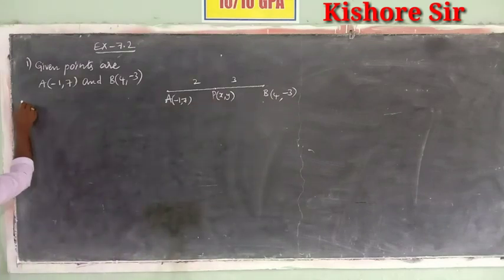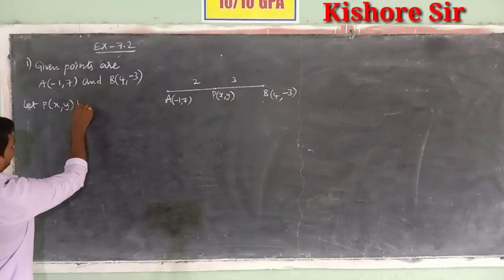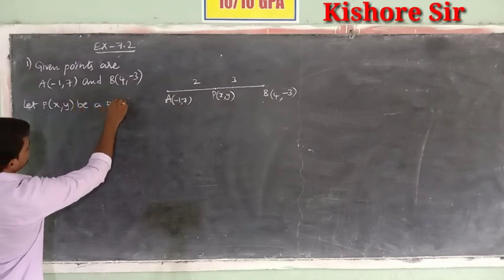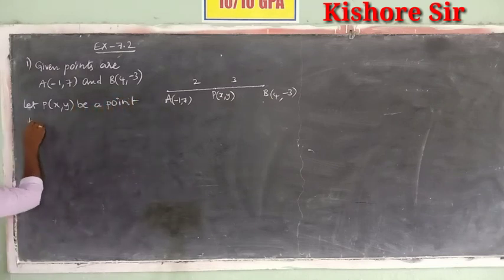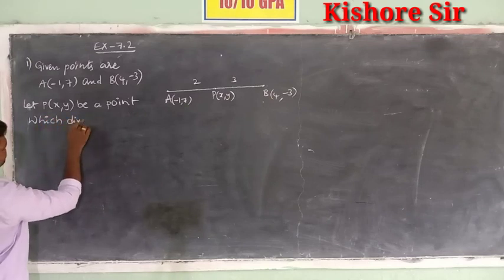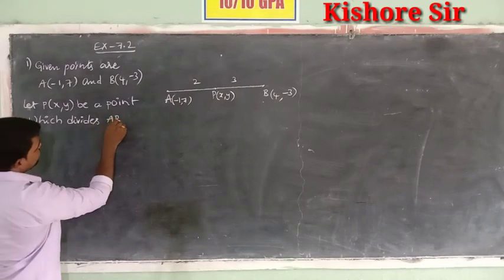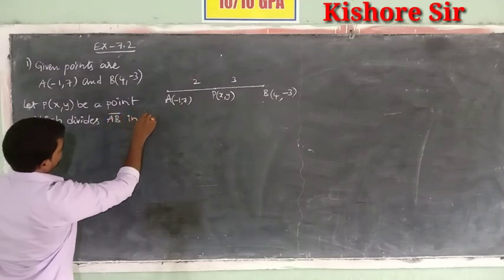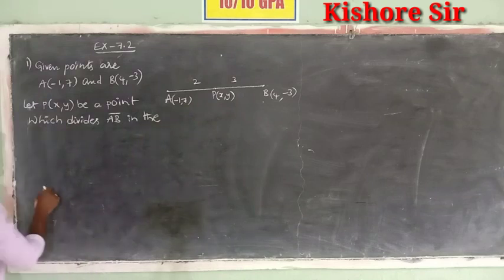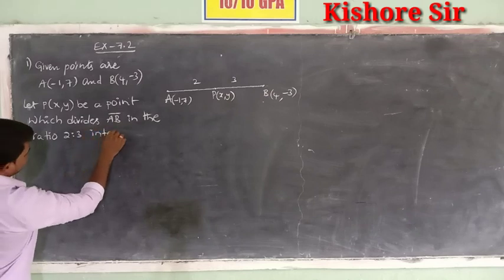Now let P x comma y be a point which divides the line segment AB in the ratio 2:3 internally.